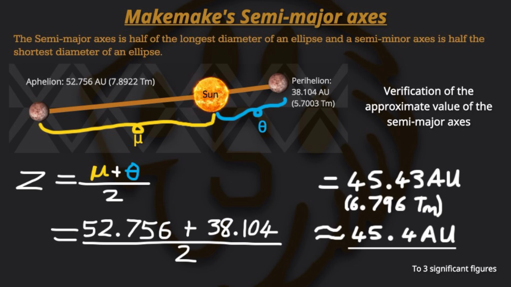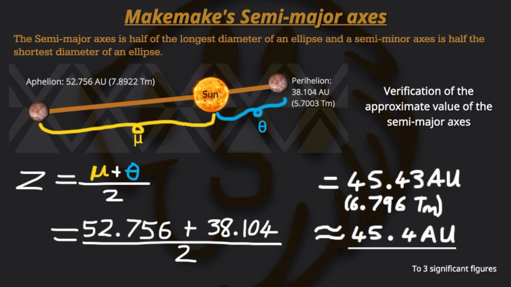So our aphelion will be 52.756, our perihelion will be 38.104, over 2, we then get 45.43 astronomical units, which is a difference of 0.01 astronomical units from our previous calculations. But when you put it to 3 significant figures, it's approximately 45.4 astronomical units, which is basically the same approximation that we used for our previous calculations.